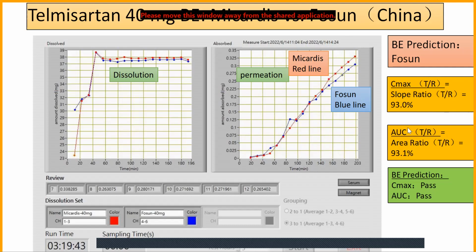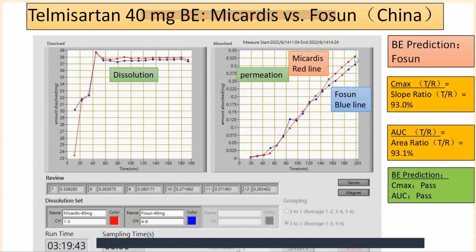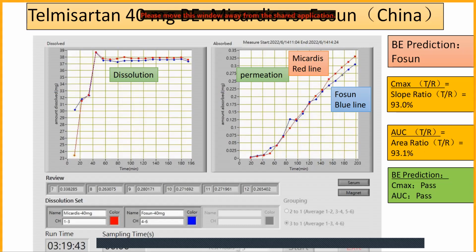And further calculation for AUC is the ratio to predict AUC. Then we use the ratio of area under curve of test and reference. So this area under red and area under blue line, starting from 50 minutes, can be calculated as a ratio, about 93%.